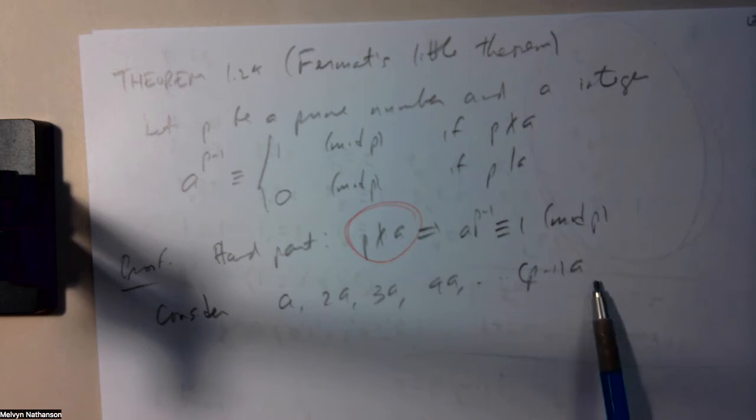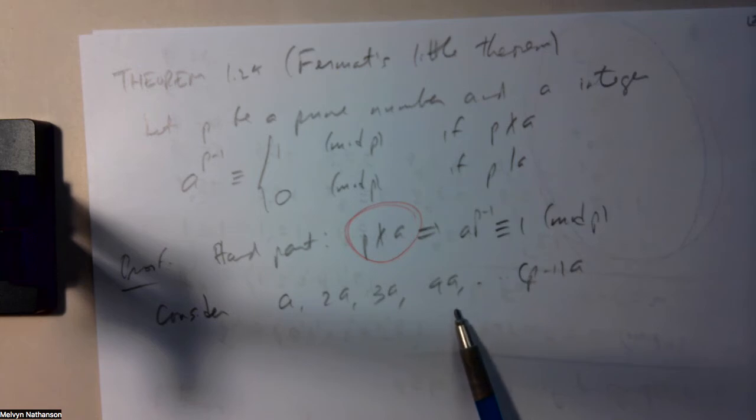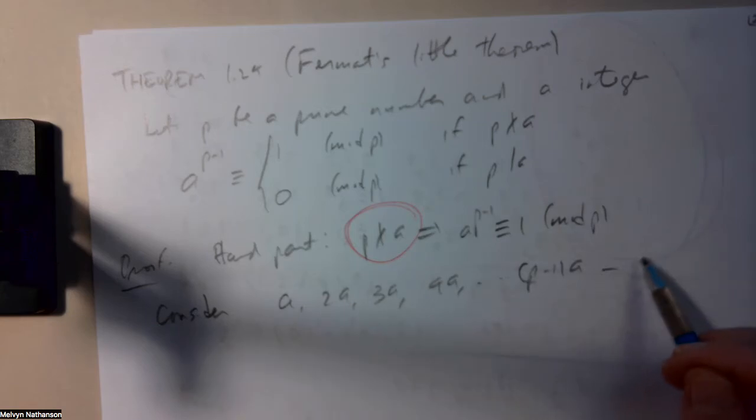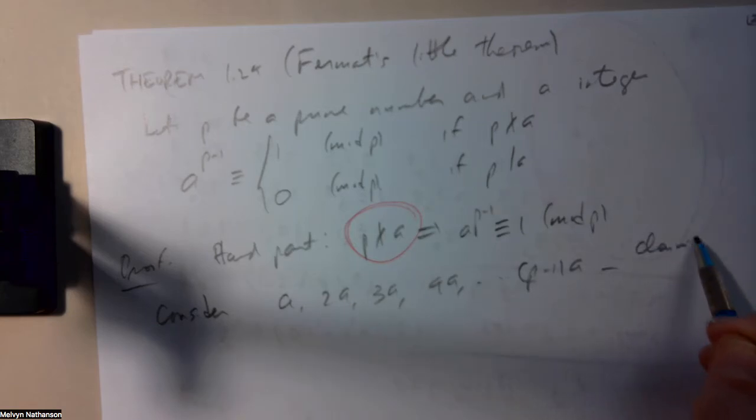So take a and look at all the multiples by the non-zero congruence classes mod p. I claim that these are distinct mod p.